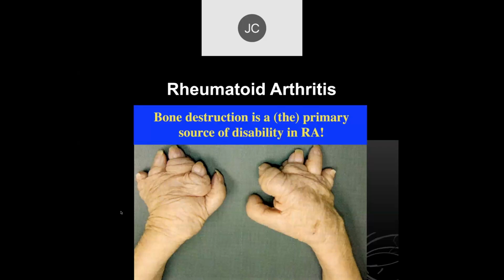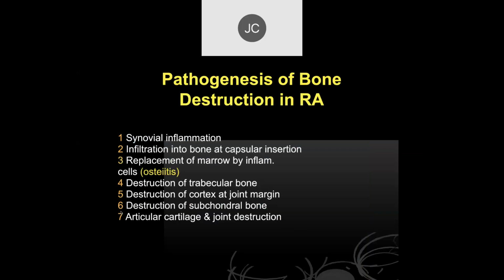Just remember that bone destruction is the primary source of disability in rheumatoid arthritis. So we want to pick up any sort of osteitis or bone destruction early in the course of the disease so it can be stopped before you have functional loss.